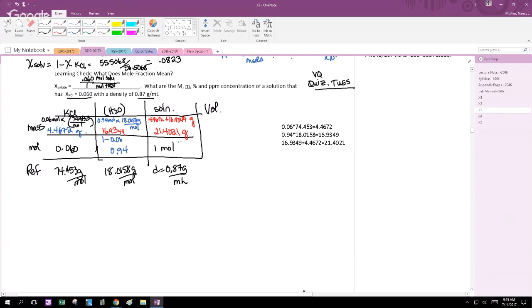Volume of solution. How am I going to do that? Absolutely.